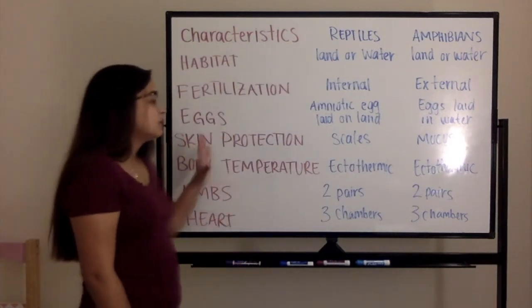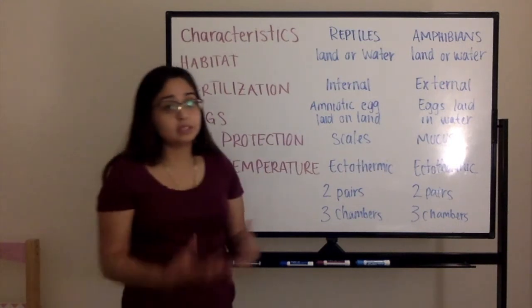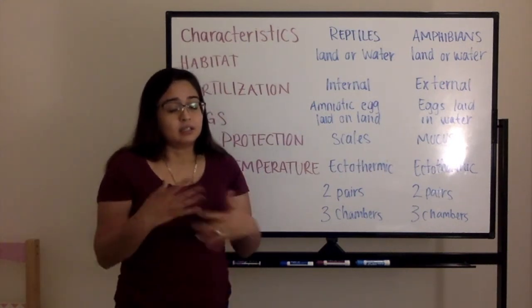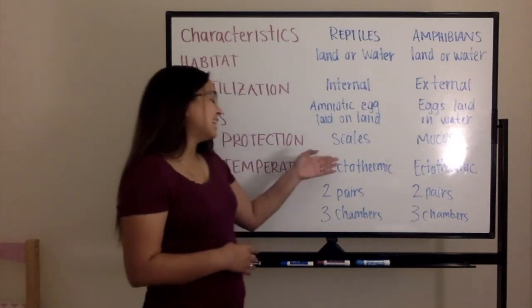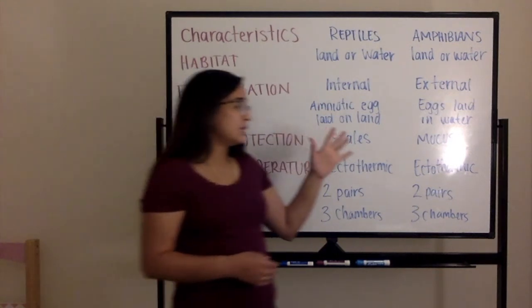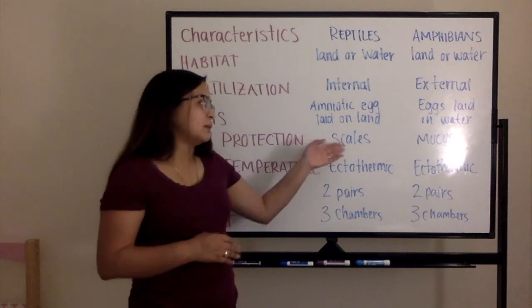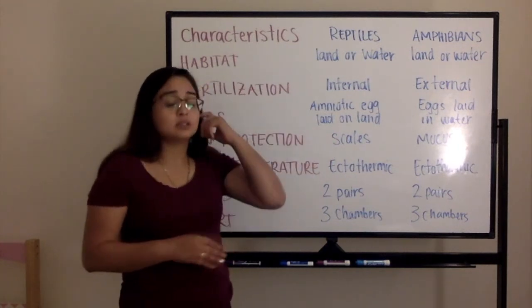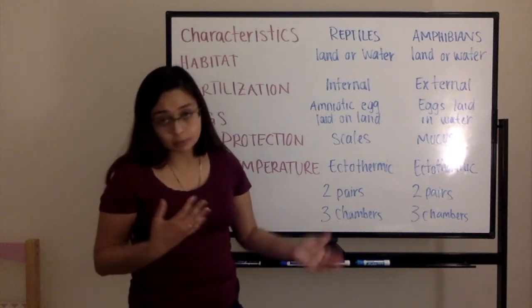Now, skin protection. For reptiles, we learned that they have scales, okay? And for amphibians, it was mucus. Now, remember, reptiles tend to live more on land than in water, though they can live in both.